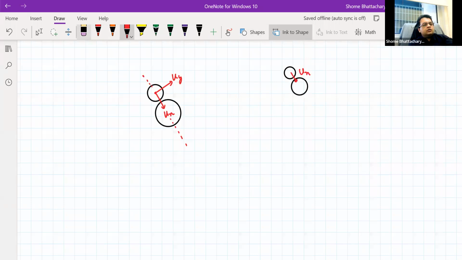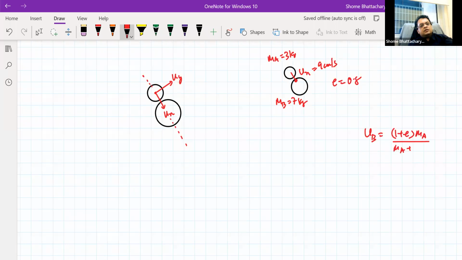Which we had worked out was how much now? That was 9 centimeters per second. Coefficient of restitution was 0.8. Mass of A was 3 kg and mass of B was 7 kg. So after impact, if you just see this in isolation, B's velocity would be how much? It would be (1 plus e) times MA upon MA plus MB, times that ux.